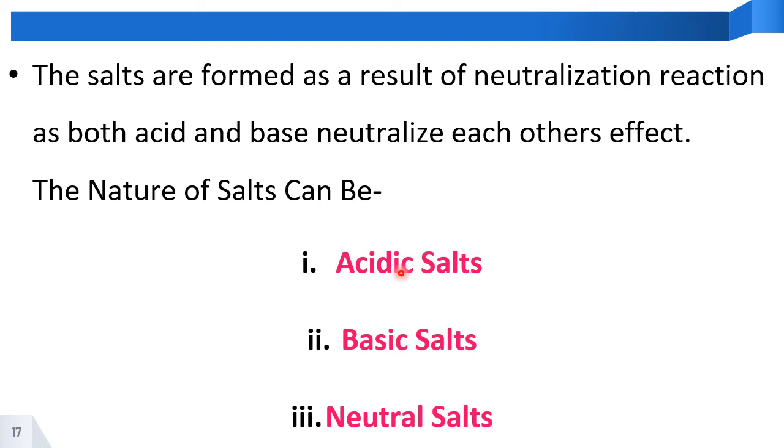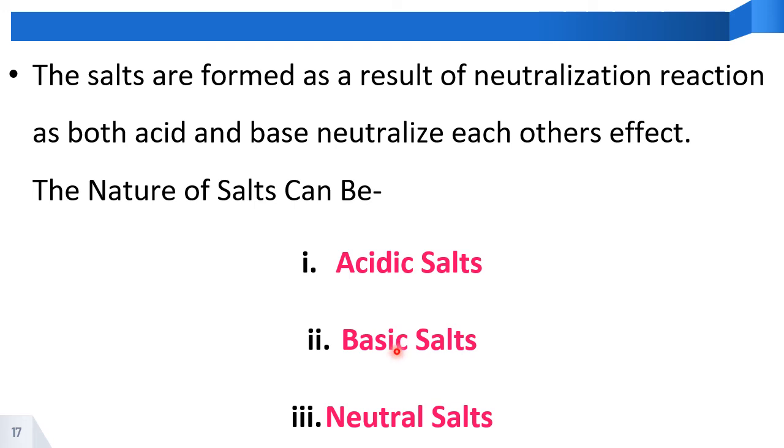Therefore, they are called acidic salts. So whenever you combine a strong acid with a weak base, the strong properties of the acid flow into the product, the salt. So it is a salt, but due to the strong acid in the combination, it is called an acidic salt.